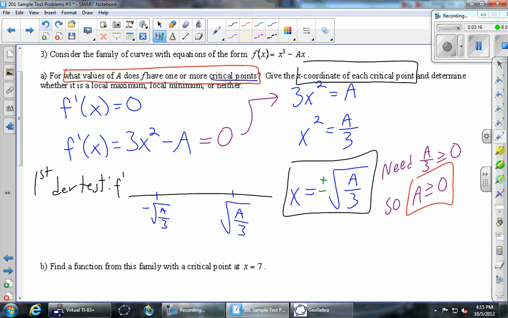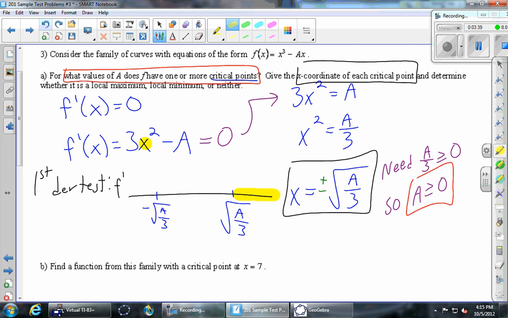So suppose we pick an x value that's out here somewhere. We'll highlight it in yellow. So I don't know what x value is out there because I don't know what a is, but I do know that I can pick something enormous and it eventually be bigger than that square root of a over 3. So imagine picking an enormous value of x and plugging it in for x.